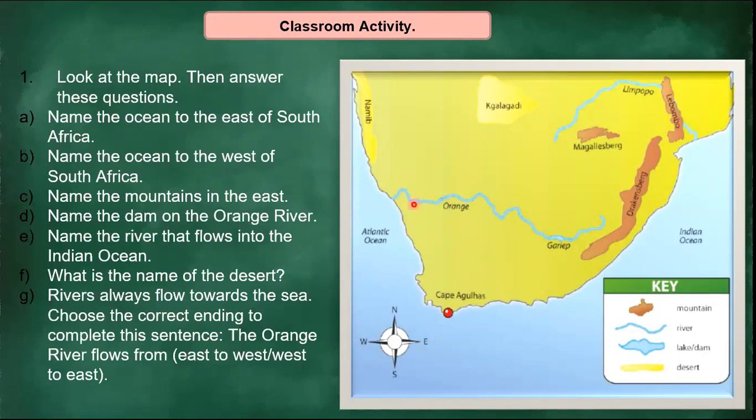The Orange River starts from this point, going down to the east, right? Thank you, Noganda. I hope you understood that. The river always goes down. It doesn't go up. Are we clear?